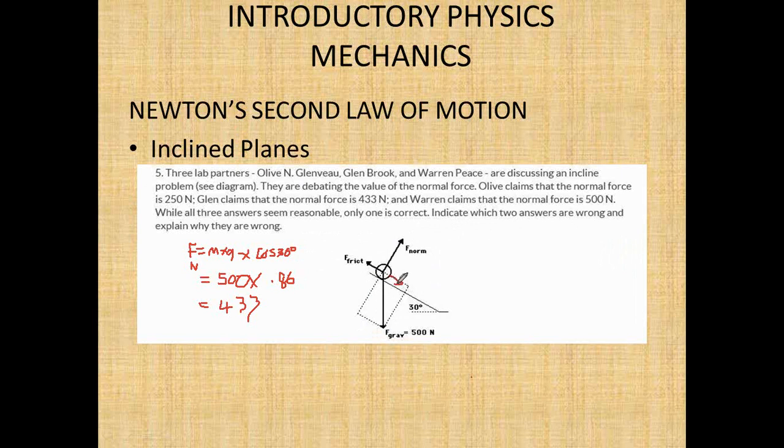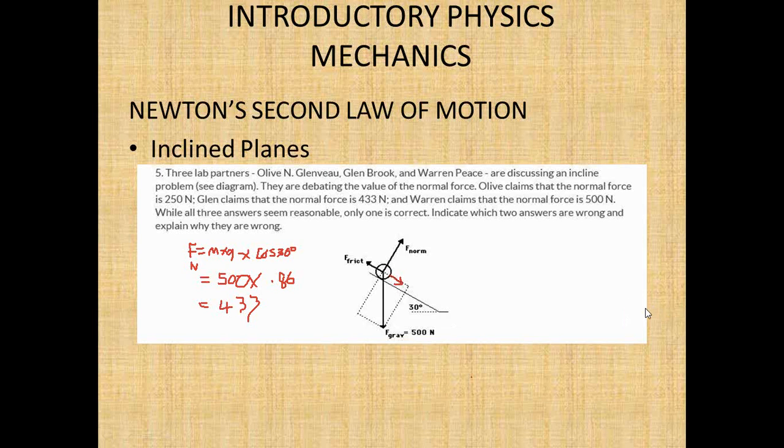And each of these components is going to be less than the force due to gravity, right? So Warren is very, very wrong. If the surface was flat, then the normal force would be the same as the force due to gravity. But on an incline, it is less. Okay.